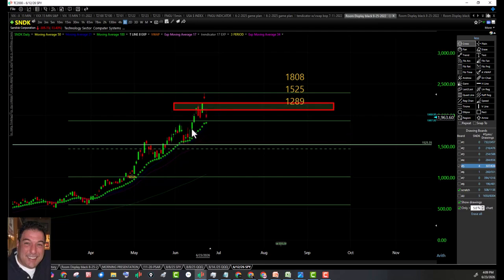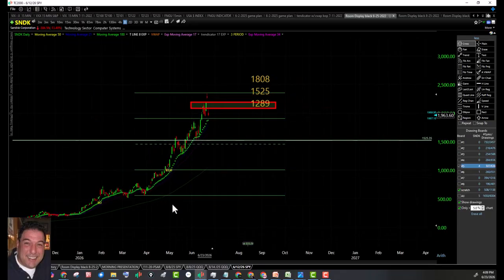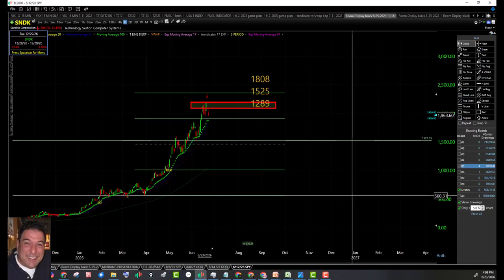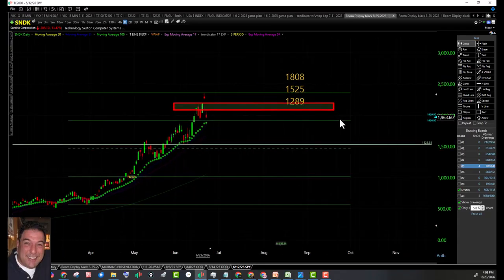They didn't put any foundation, any stair stepping in through here. Not much. So it could be a hard fall all the way back to 500, and we don't want to see that.